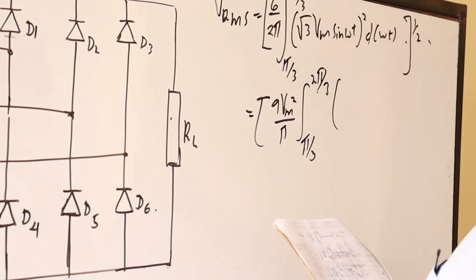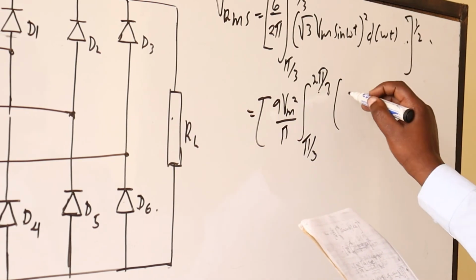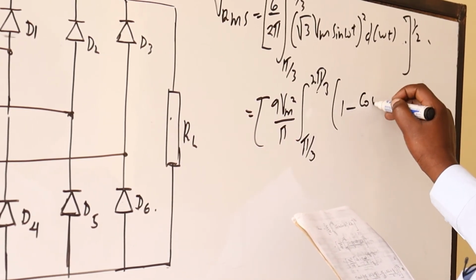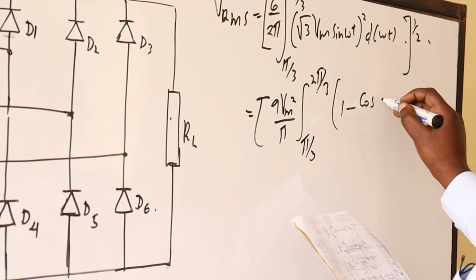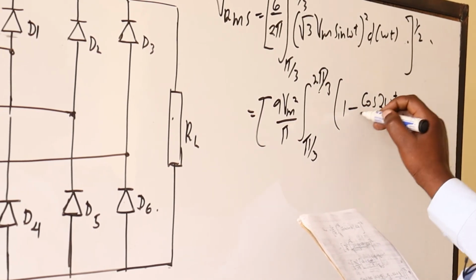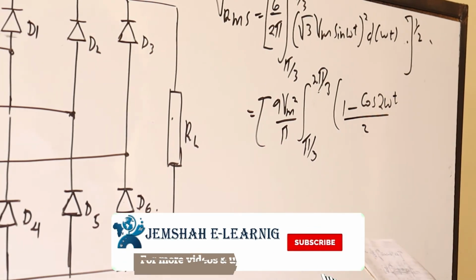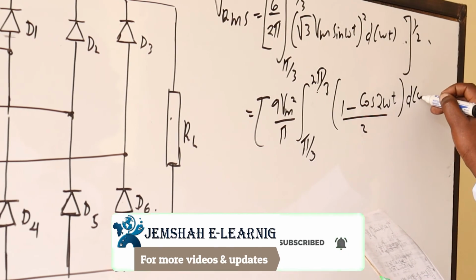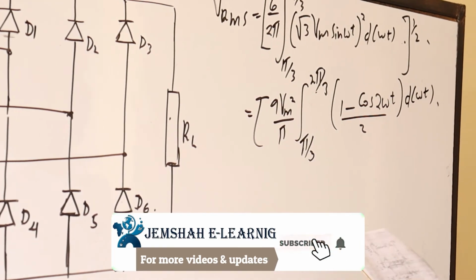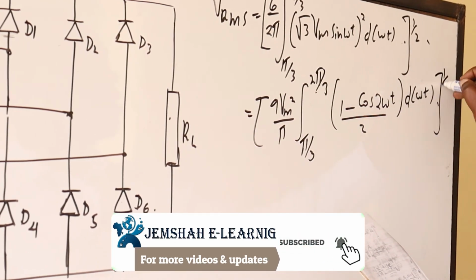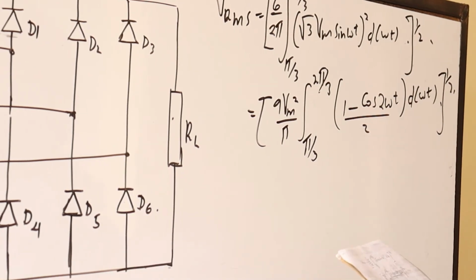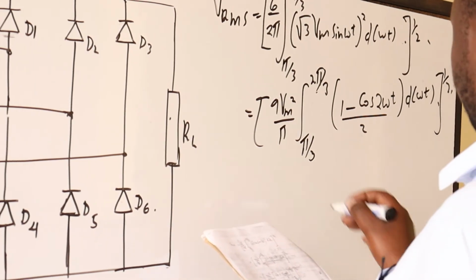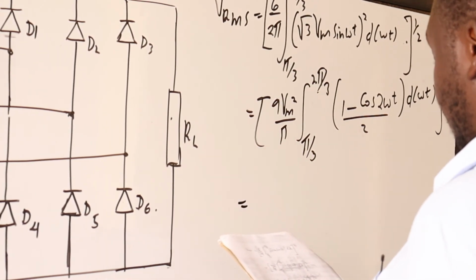So the sine squared, we write it as 1 minus cos 2 omega t, all over 2, d omega t. So all that is raised to a half. So maybe another more step.